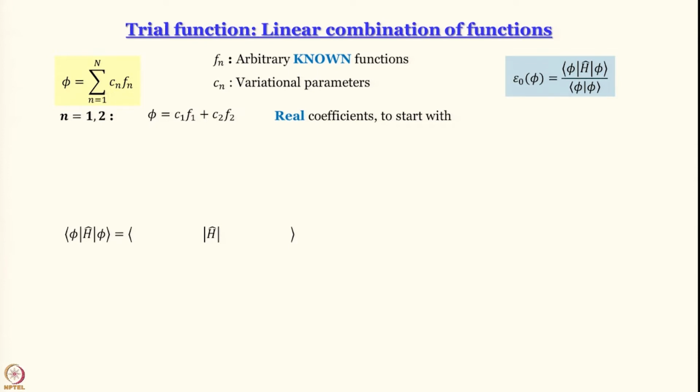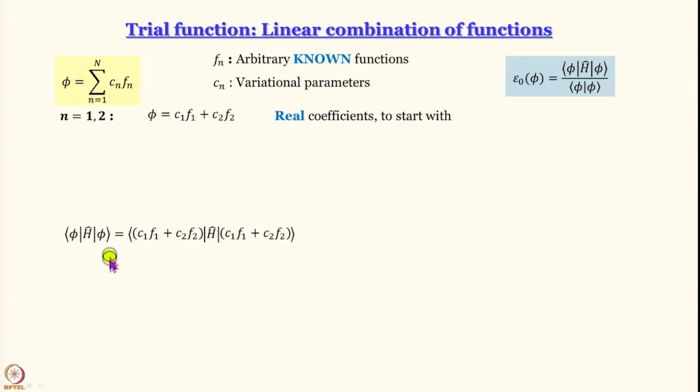So, what I do is in the bra vector I write C1 F1 plus C2 F2, which really means its complex conjugate. In the ket vector I write C1 F1 plus C2 F2 itself. And now I have 2 terms in the bra vector, 2 terms in the ket vector. So, if I open it out, I am going to get a sum of 4 different integrals multiplied by appropriate coefficients. Let us see. Let us take the first term of the bra vector, first term of the ket vector.